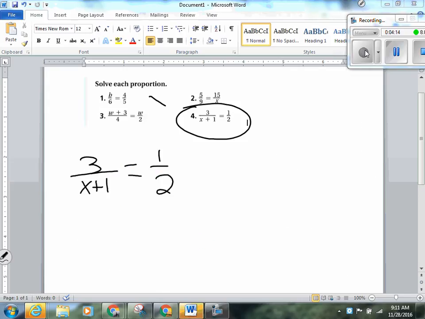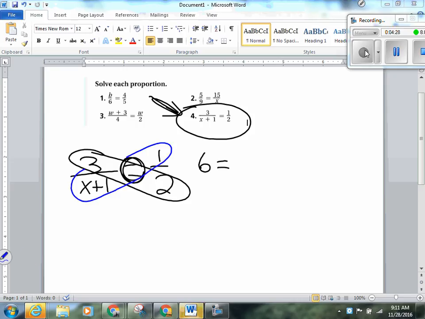So we take a look at number 4. Cross multiply. 3 times 2 is 6. With the equal sign. And then we have x plus 1 times 1. That equals 1 on the outside. And then x plus 1.